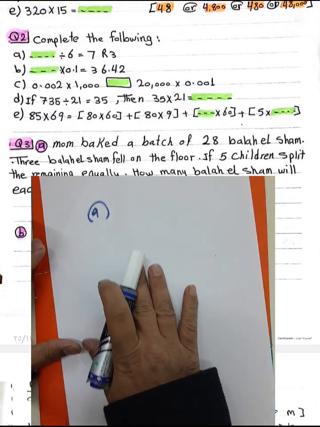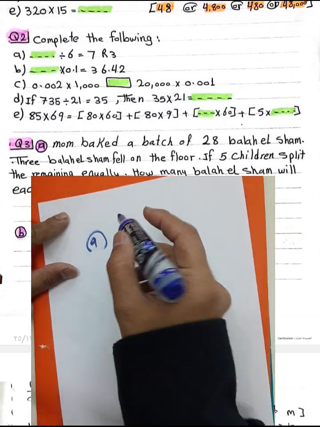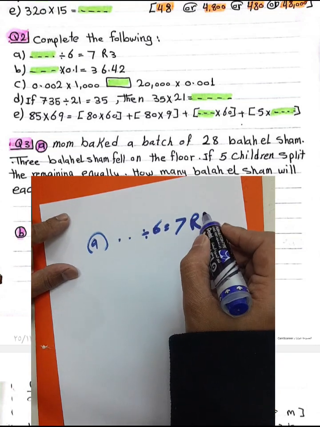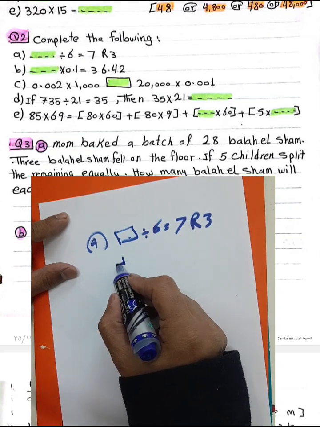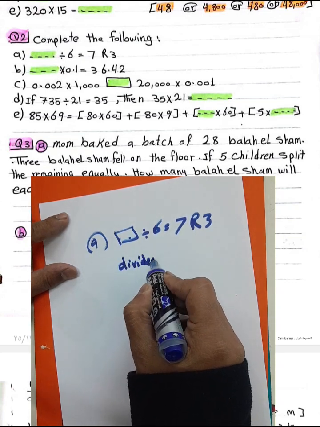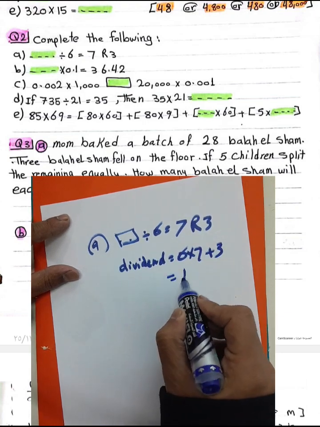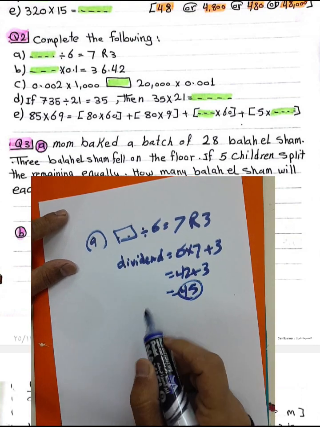Then we can find the dividend. The dividend equals 6 times 7 plus 3. 6 times 7, 42. Plus 3, it will be 45. The result here will be 45.